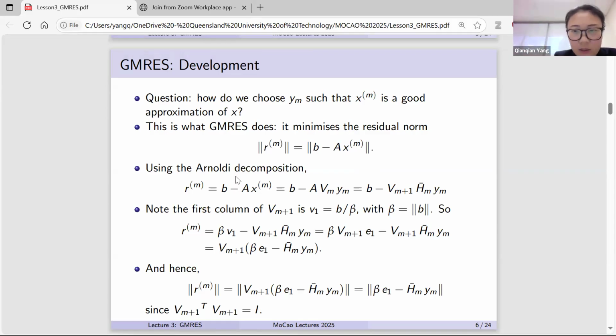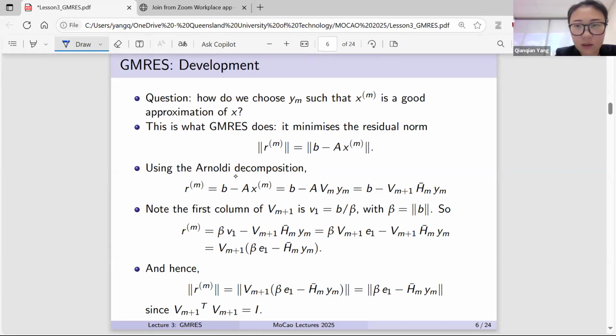Our Arnoldi decomposition is A Vm equals V_{m+1} H_m bar. Okay, those are the two matrices we get from the Arnoldi decomposition.